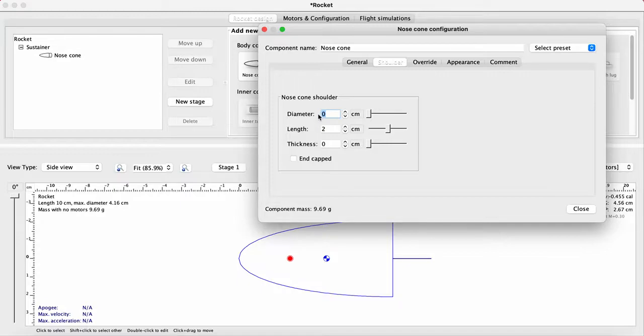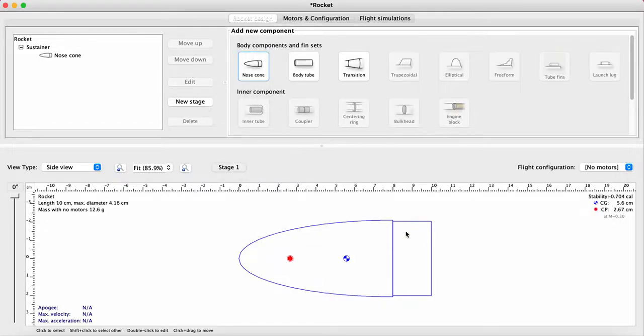And we said that the inner diameter of the body tube is 4.05 centimeters. Okay? And again, the thickness can be just 0.1 or 1 millimeter. All right? Okay, and so we can go ahead and say close. And now we have a full nose cone.